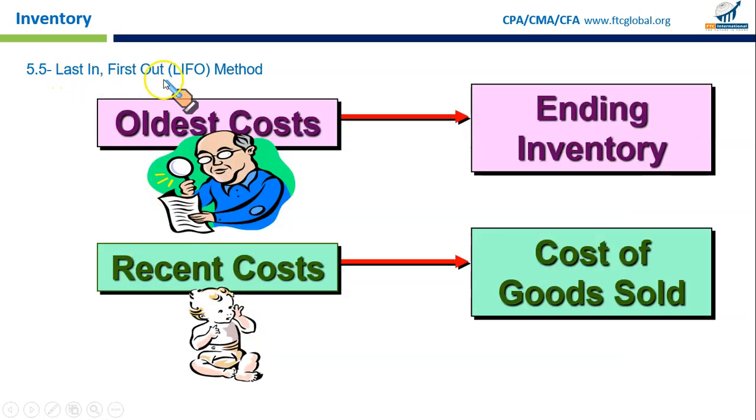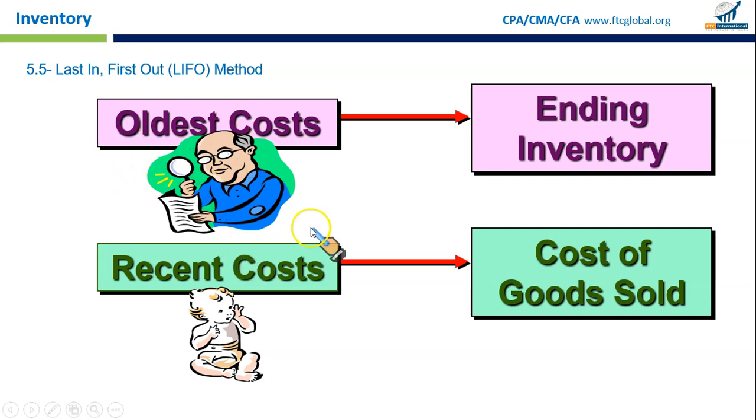Next we have last in first out, or the LIFO method. Under this method, the most recent costs, that is the items purchased or produced most recently, they are transferred to cost of goods sold first. And your ending inventory includes oldest cost.